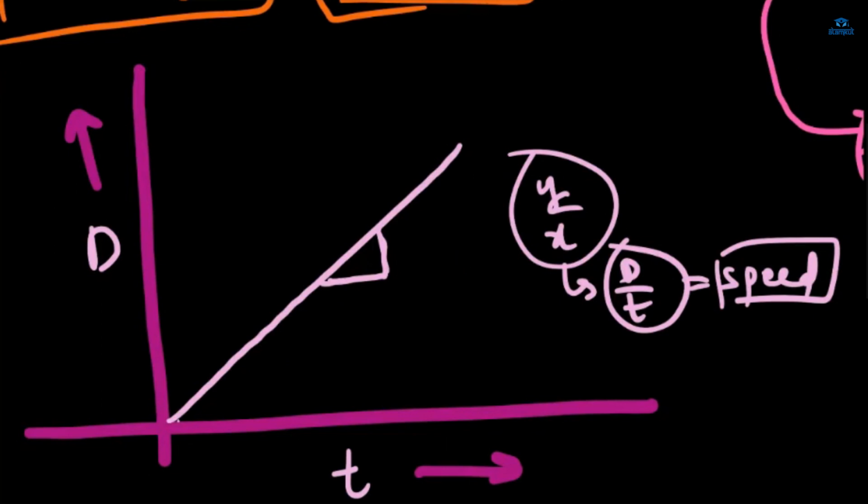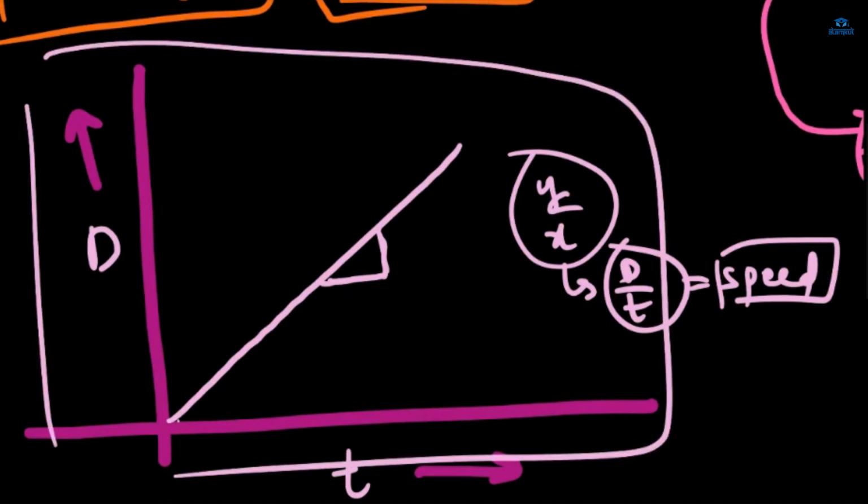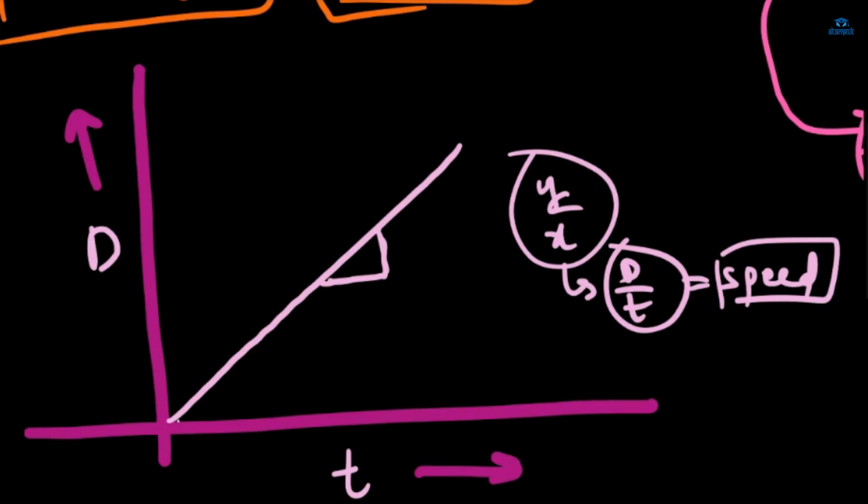It means speed will be the slope of this graph, right? This is the slope. How much the line is slanted, that we find out from the slope, right? And the slope is speed in the distance-time graph, right?